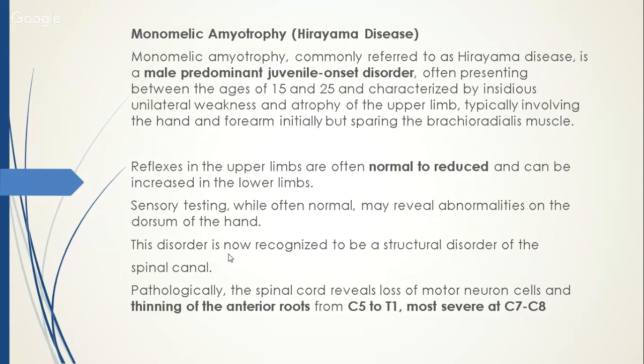The last one is Hirayama disease, which is a male-predominant, juvenile-onset disease involving mostly the upper extremity, because it's mostly a spinal cord disease involving thinning of the anterior roots between C5 and T1, worse at C7 to C8.